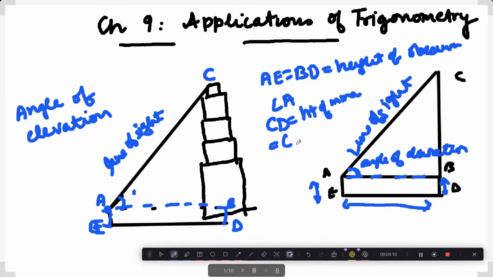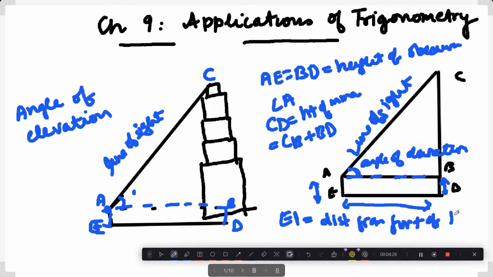What is CD? CB plus BD. And BD we know is the height of the observer, so we can find this. We know ED, which is the distance of the observer from the foot of the tower.